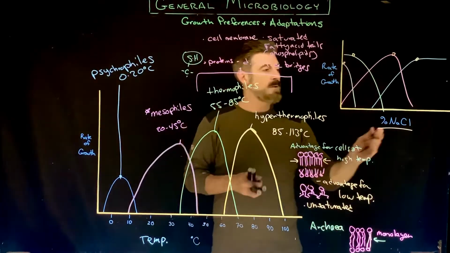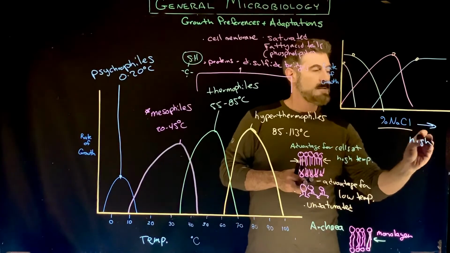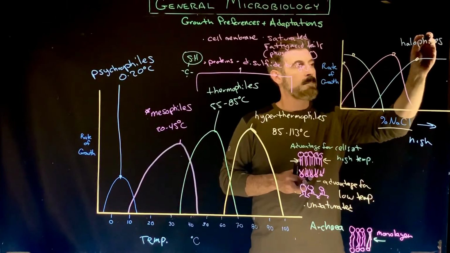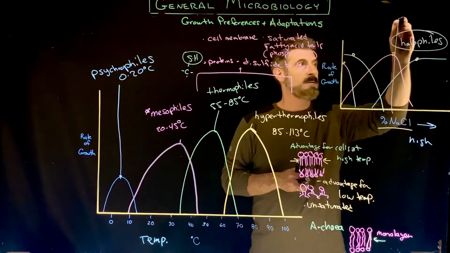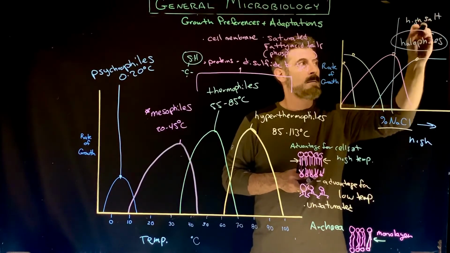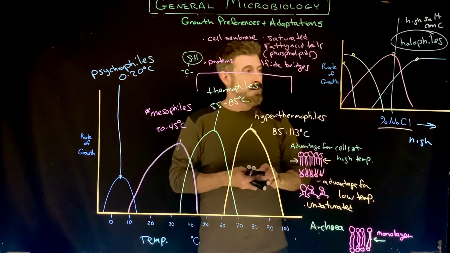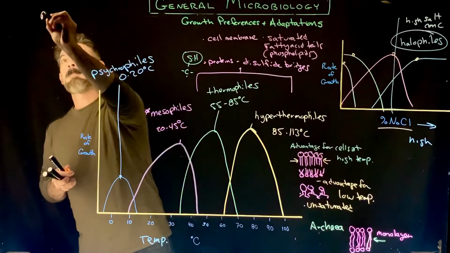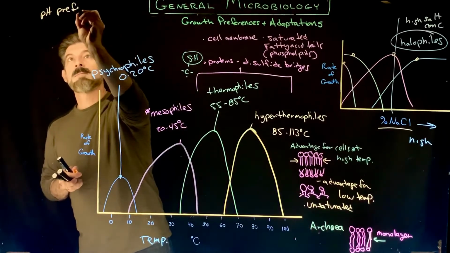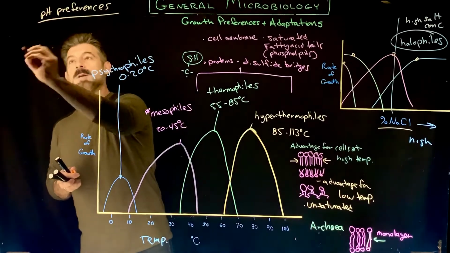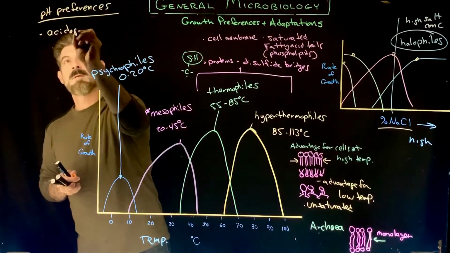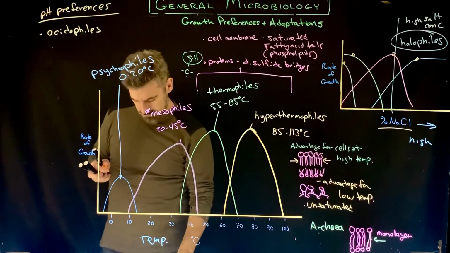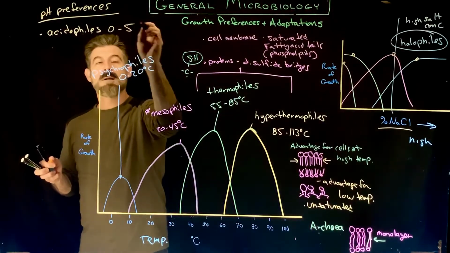Those that prefer really high salt concentrations, we call halophiles. Same thing we could find, though I run out of room to keep drawing graphs here, in terms of pH preferences. We have acidophiles, ranging from very low pH, say 0 to 5.